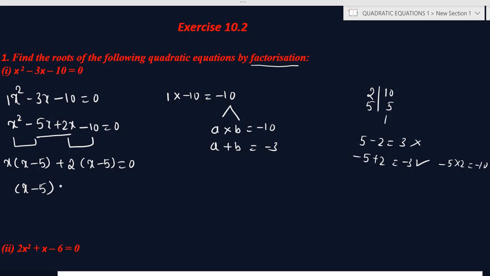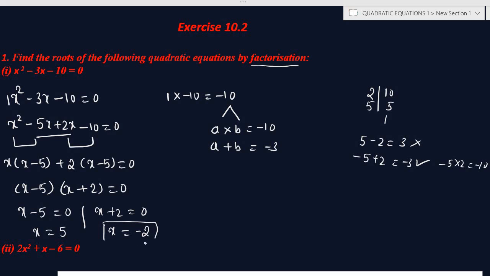Taking x minus 5 common, x remains here and plus 2 remains there. So x minus 5 is equal to 0 and x plus 2 is equal to 0. Therefore x is equal to 5 and x is equal to minus 2. As it is a quadratic equation, we get two solutions.